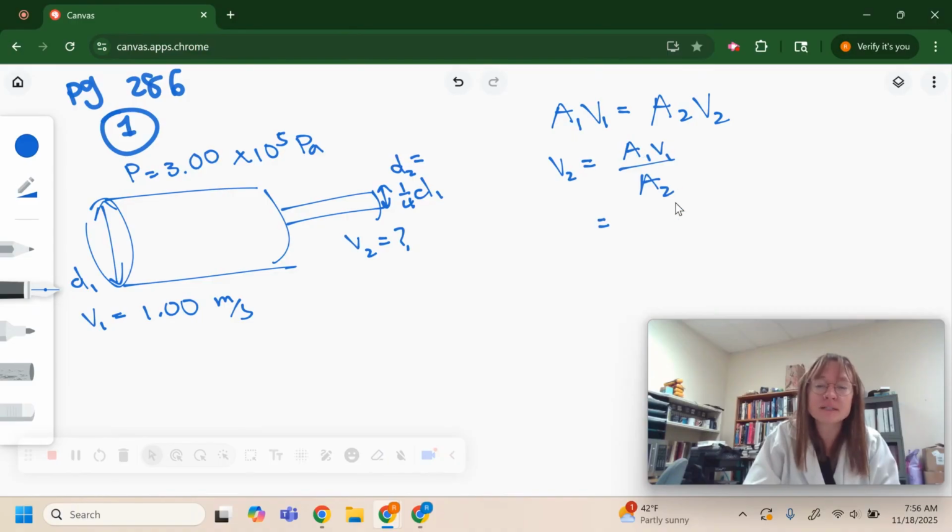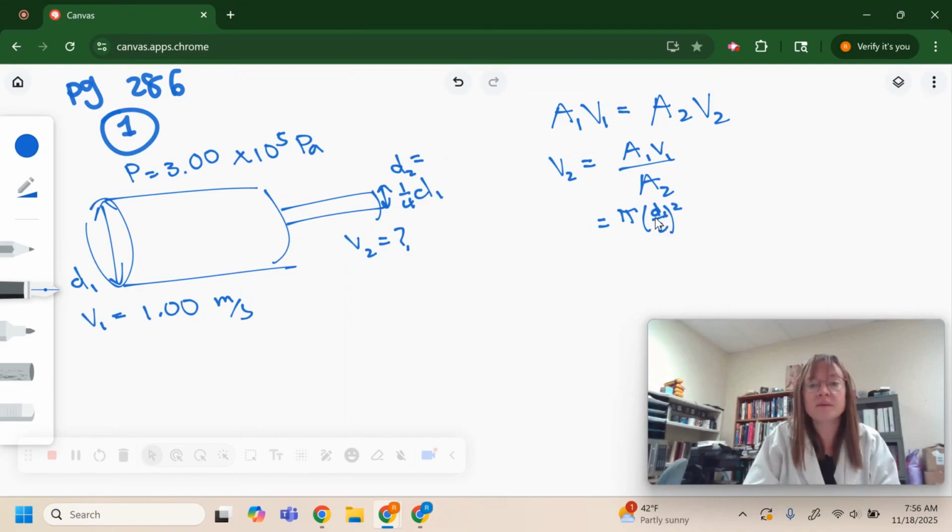Next, I can plug in some formulas for the areas. I wasn't given the area, but I was given the diameter. So the area of the first cross-section would be pi times d over 2 squared. Notice that I don't say pi r squared because I wasn't given r, I was given d.